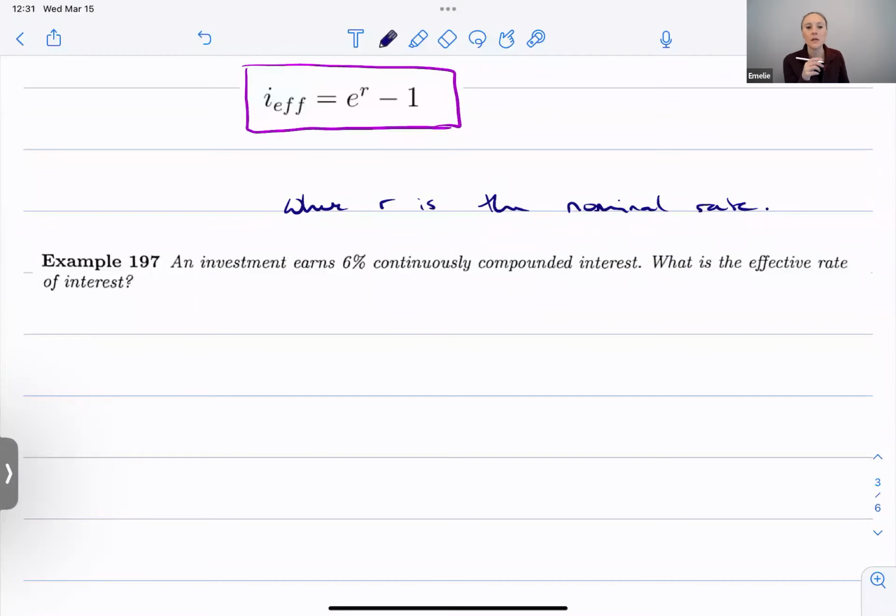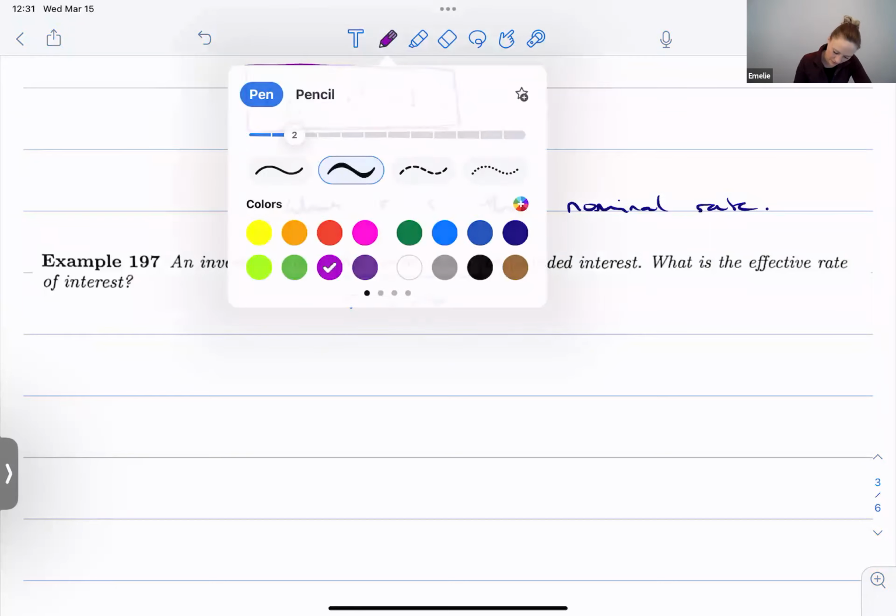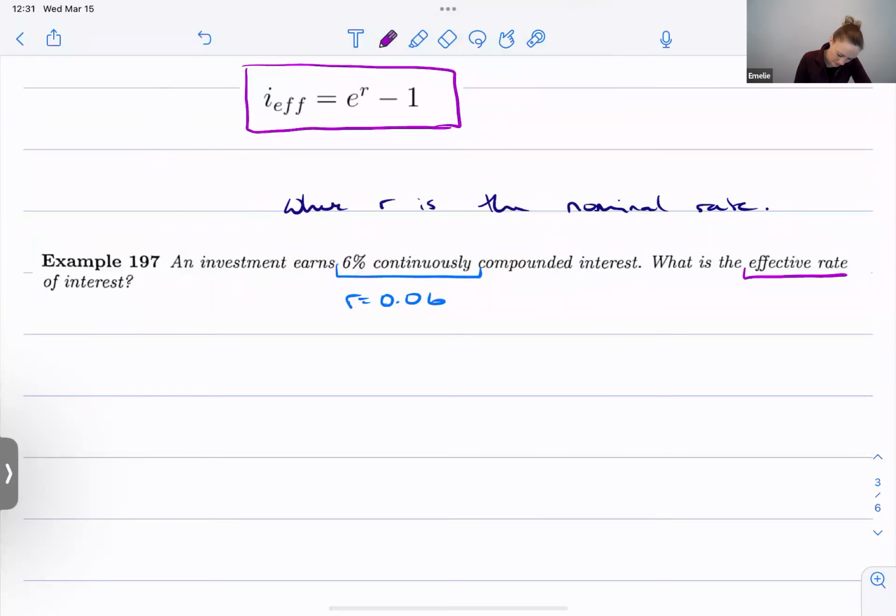Okay. An investment earns 6.8% continuously compounded interest. What's the effective interest rate? Right. So here, R is 0.06, and I want to know what's the effective interest rate.